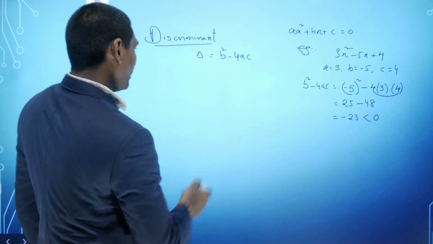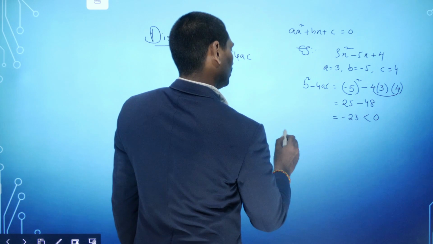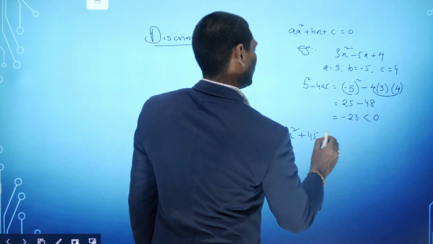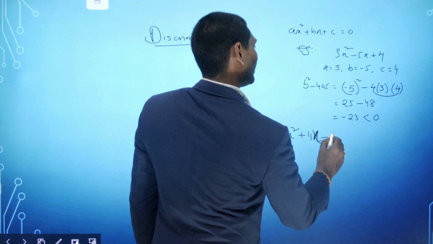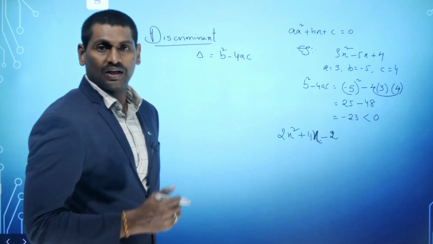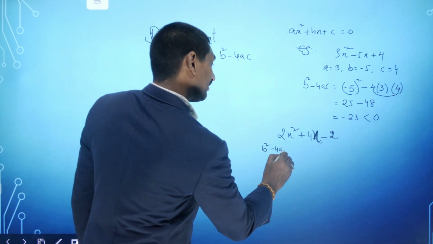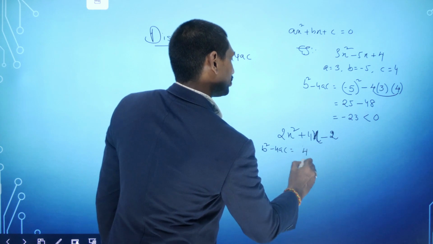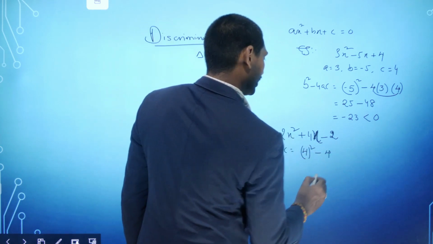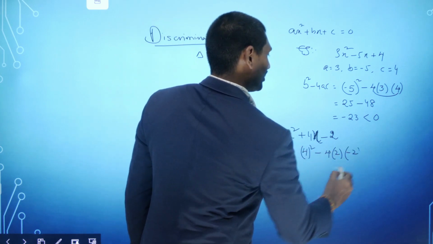Let me take another example: 2x square plus 4x minus 2. Again compare and identify the discriminant value. b is 4, so b square minus 4ac, a is 2 and c is minus 2.